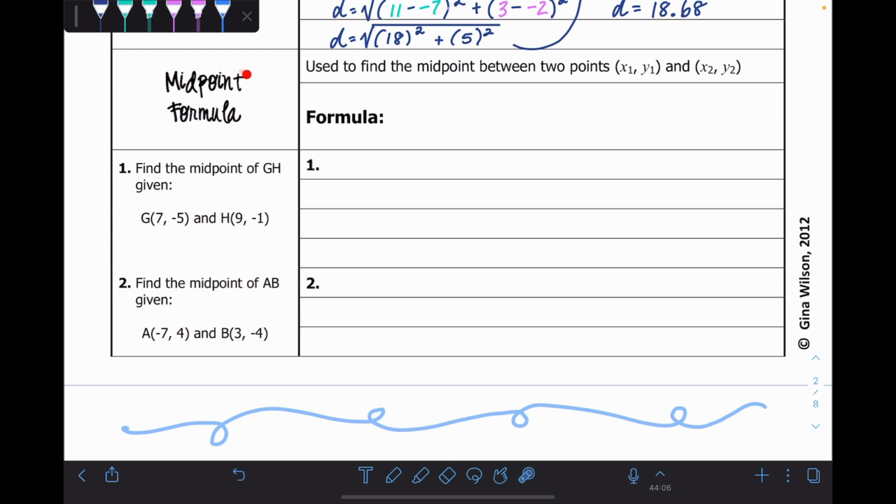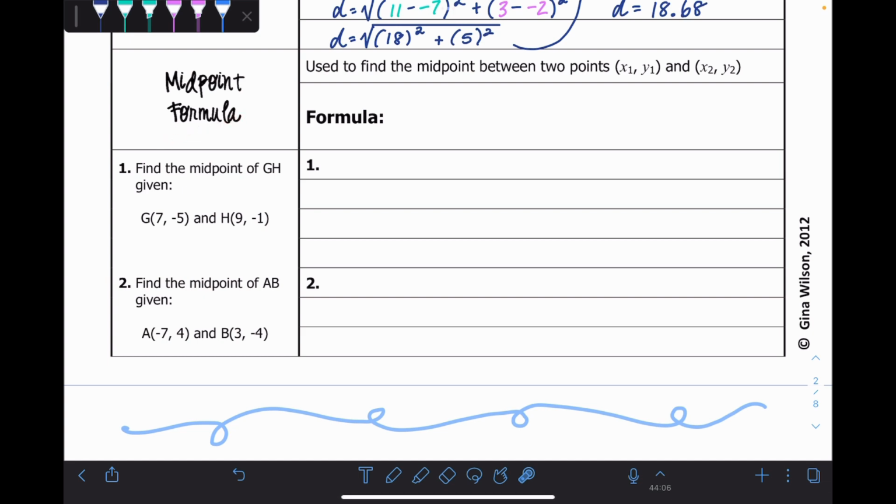We're going to look at what that is, and what's the easy way to find it, and we'll figure that out via the use of a formula. By the end of this little part, you should feel really confident in being able to identify what the midpoint formula is and also know how to use it.